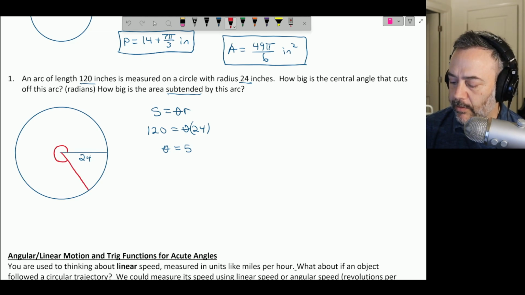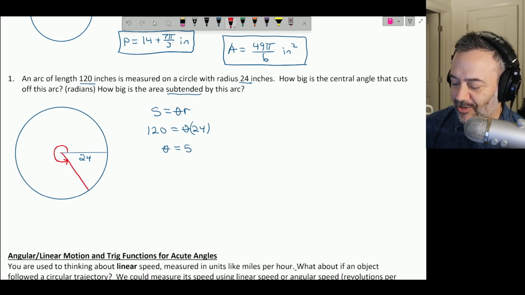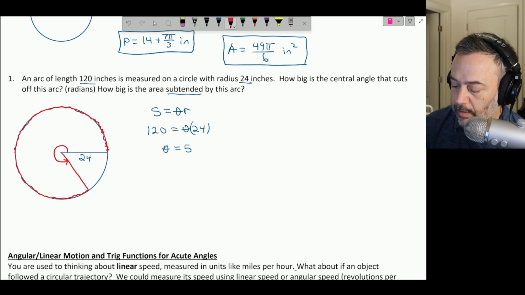It's not perfect, because you can't get it exact. 5 radians is hard to draw exactly. So the arc length of 120 inches is the corresponding arc length around the circle to that spot. And that is S equal to 120, and this inner arc is 5 radians.